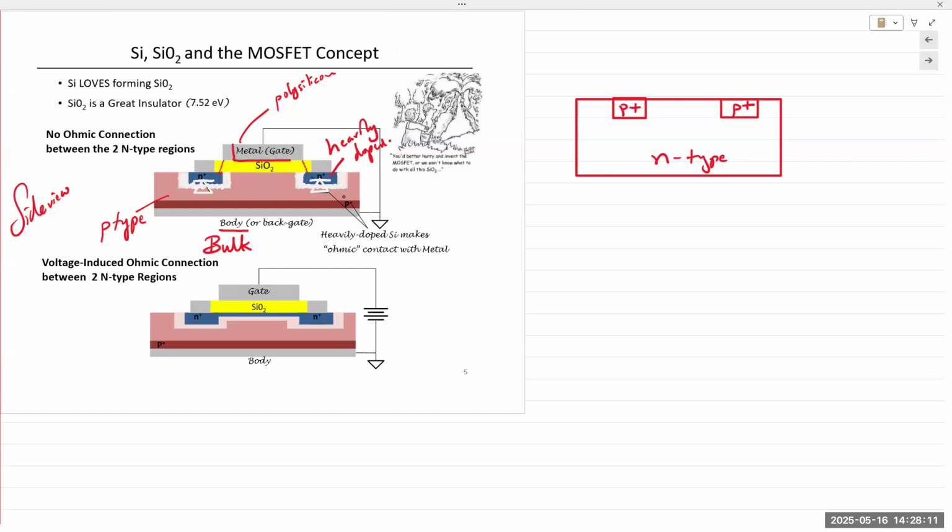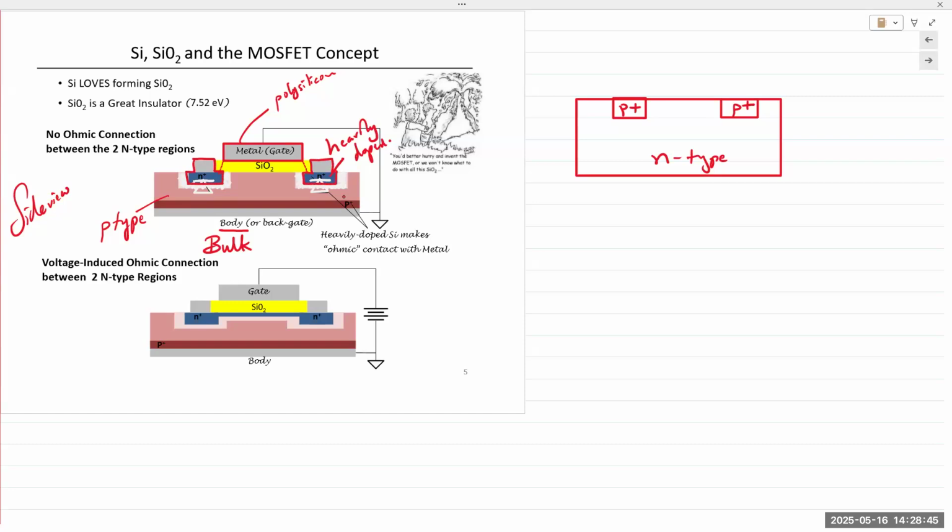This region at the top, the metal, is known as the gate. And then these implanted regions, let me draw it this way. The gray portion is simply the metal that's making contact. That's all it is.